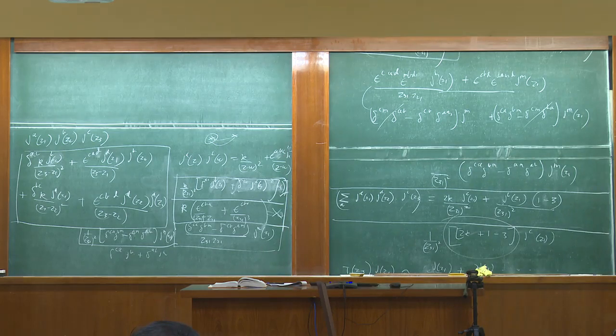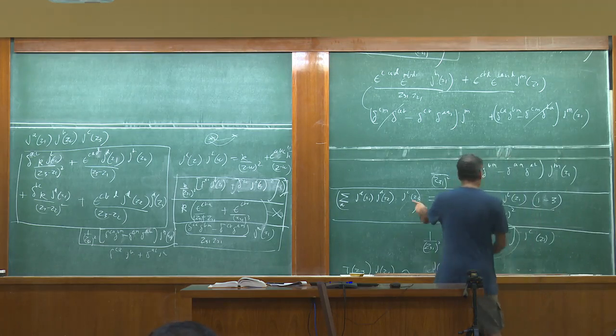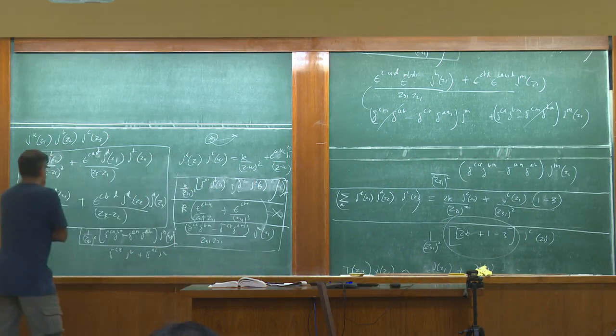Where did we miss the derivative? Just a minute. Right. As you say, if JC was evaluated at Z3, so maybe we messed up on where these J's were evaluated. Let's see.